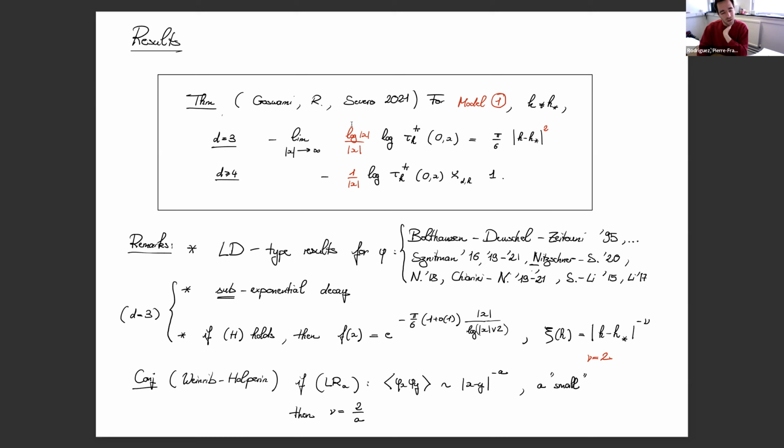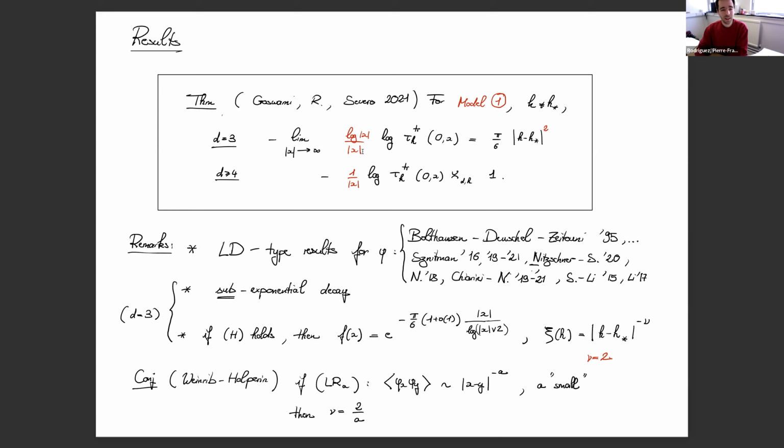I'm not going to go into the details of why this is, but it has to do with the fact that the cost of creating a long path of length x turns out not to be measured so much by the diameter of the path, but rather by its capacity in the context of the free field, and this is where this factor appears. And in fact, there was a long discussion about how this function should really behave, and people didn't necessarily agree. So we settled this question.